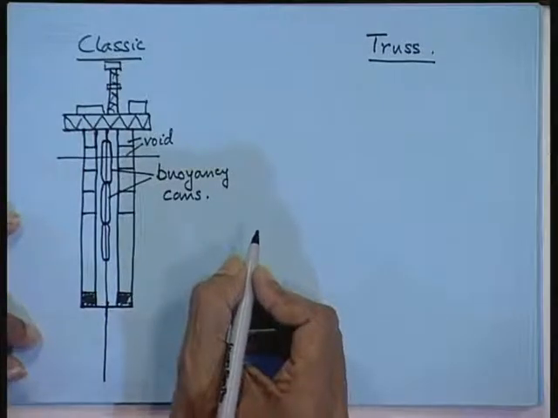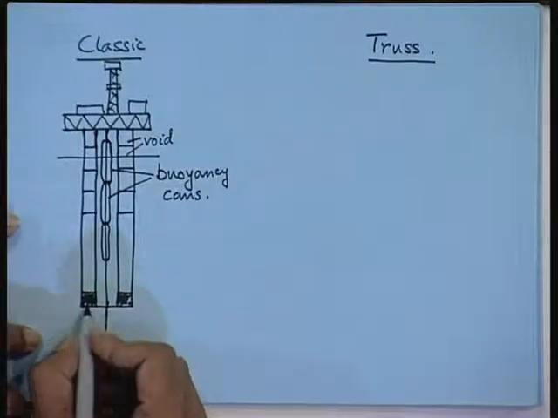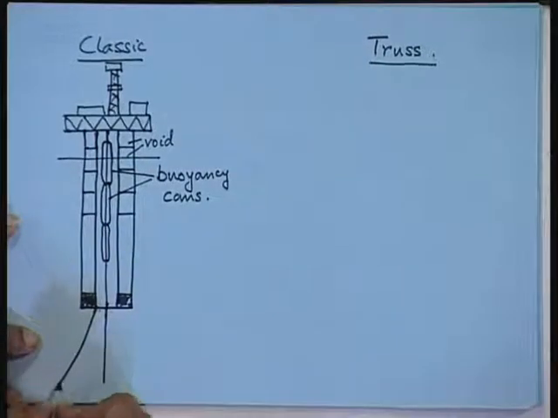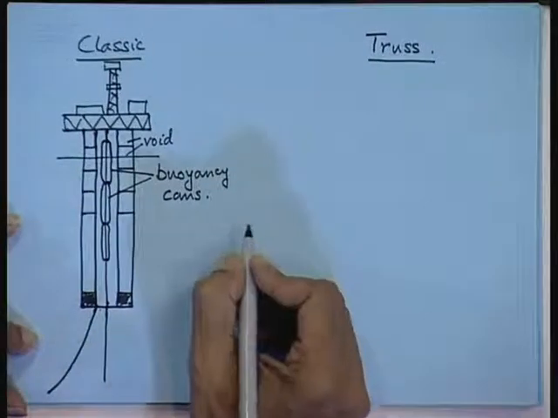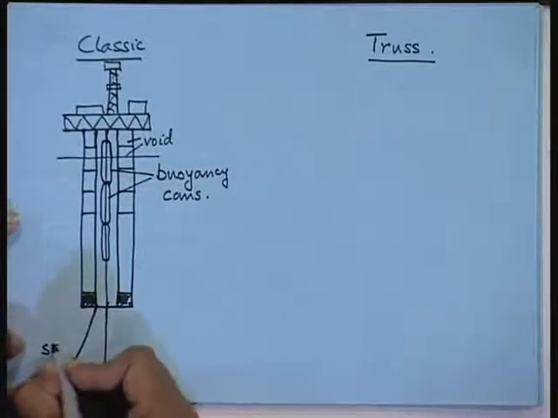Now, the mooring is from this end. The mooring wire is led from here. This is called steel catenary mooring.